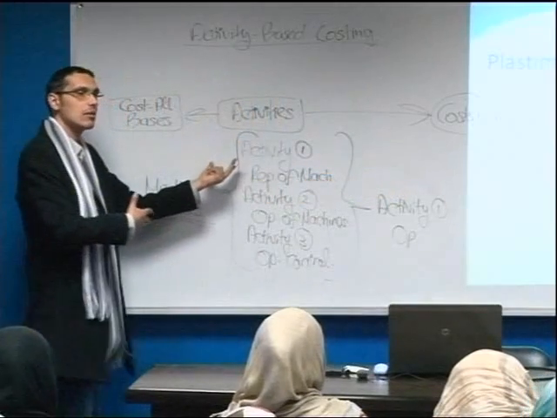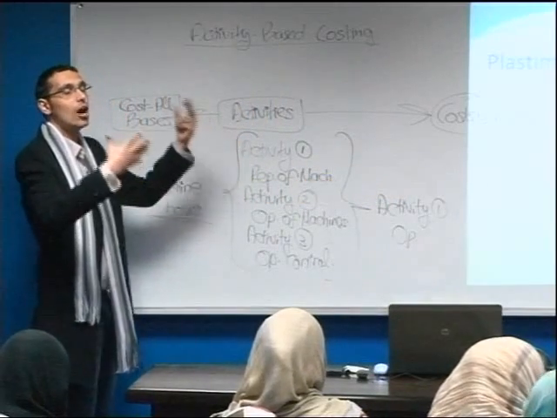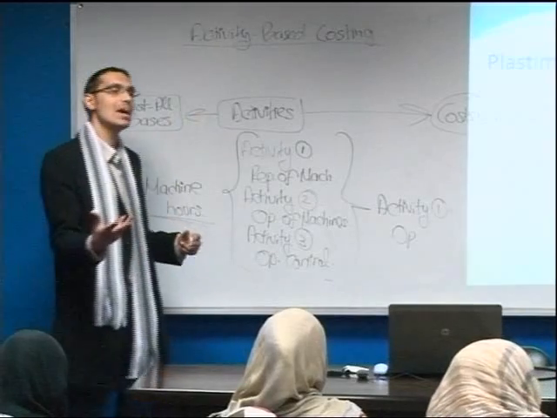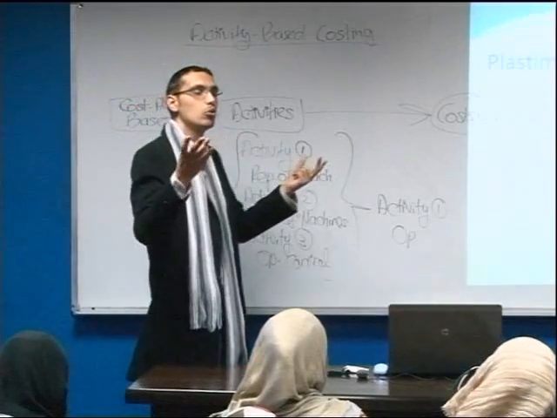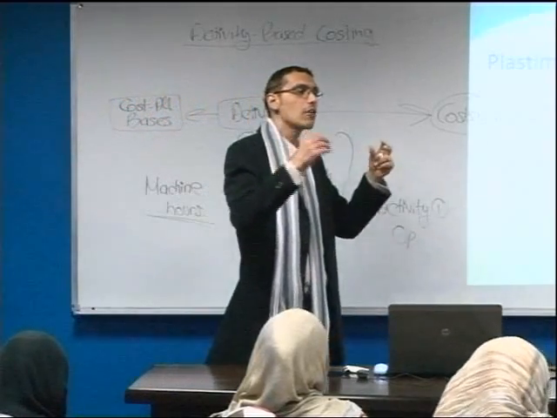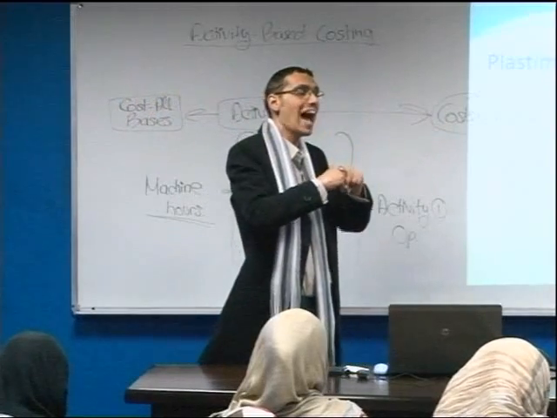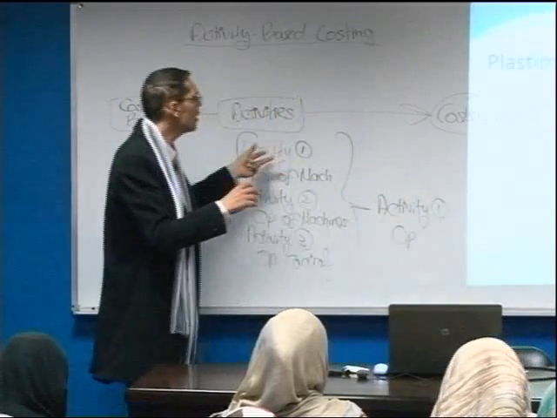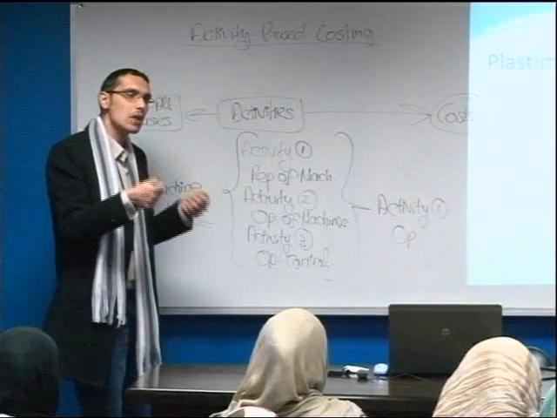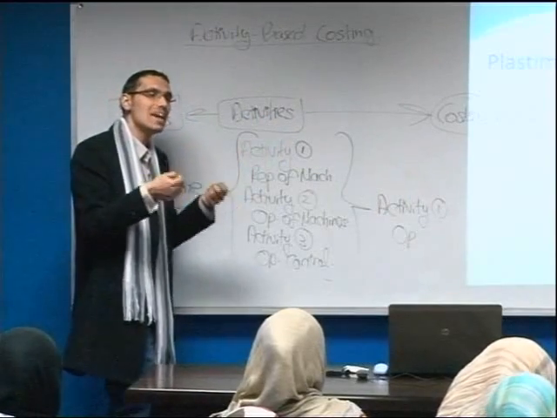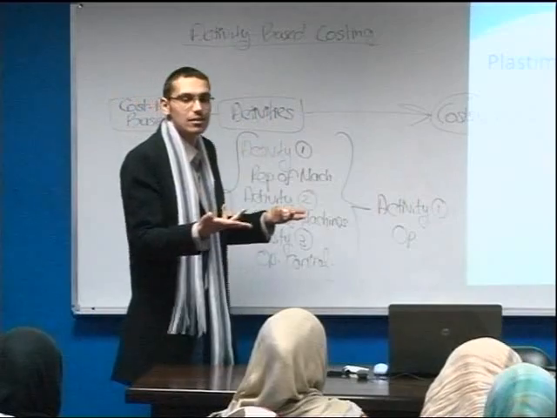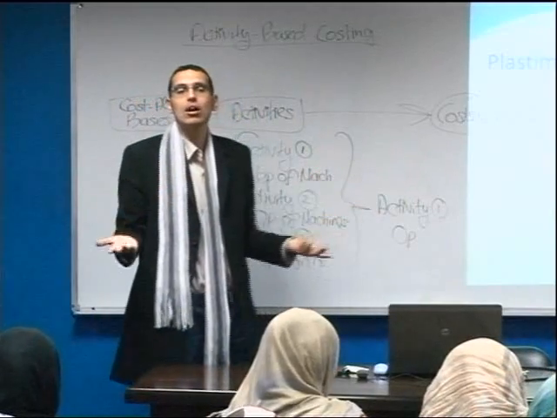This is the same thing. But instead of determining the allocation basis according to different cost pools that are vague and averaged, we are here making this process more accurate, making this process more detailed. This is the only thing we are doing.